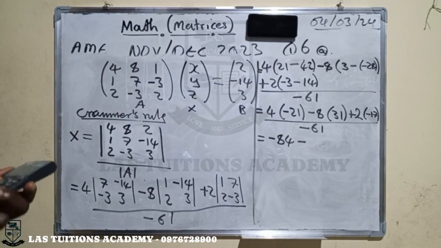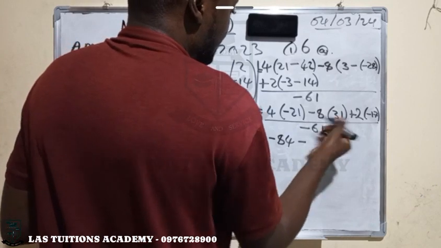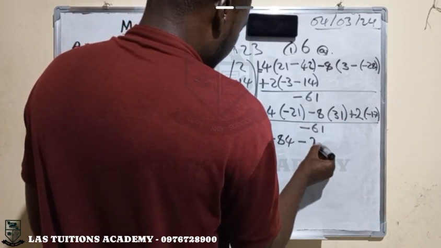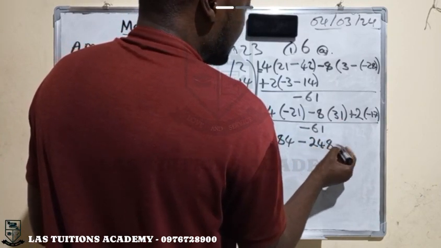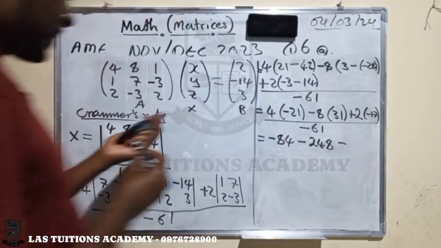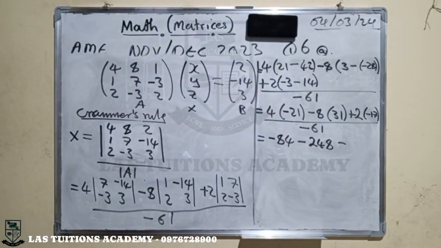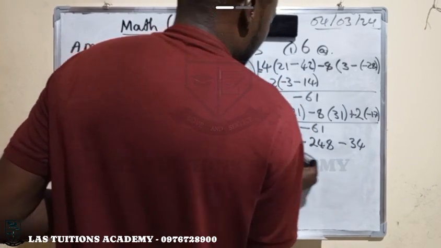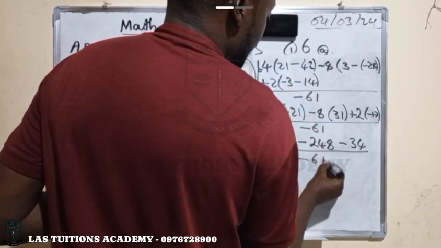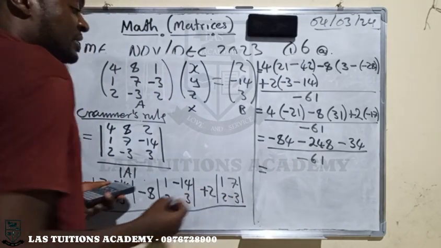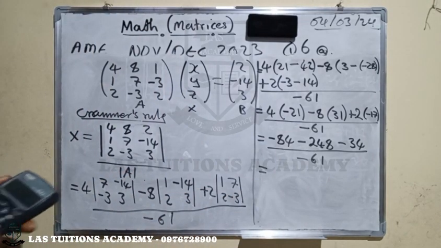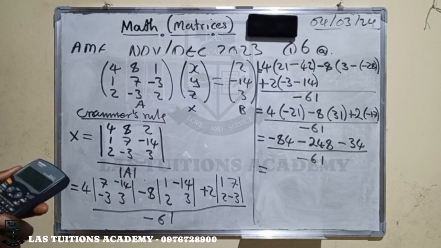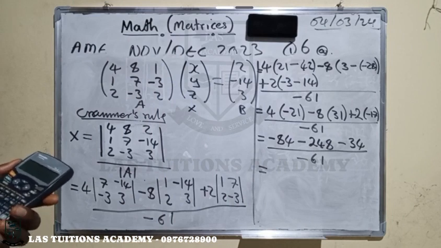8 times 31 we get negative 248, minus 17. Negative 17 times 2, we get negative 34. Negative 34 over negative 61. So when we add up what is on top, we are going to get negative 84 minus 248 minus 34.